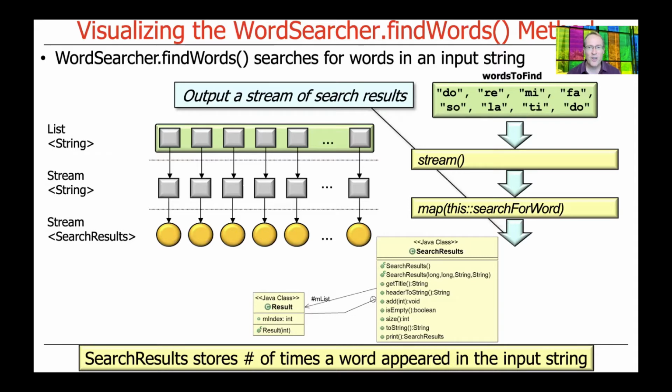Probably the most important thing that search results will keep track of is the indices where the match occurred. And that is stored in little objects of this class called result. And result basically keeps track of the index in the string where the match occurred. So we have a list of result objects that's part of our search result object, if that makes sense.